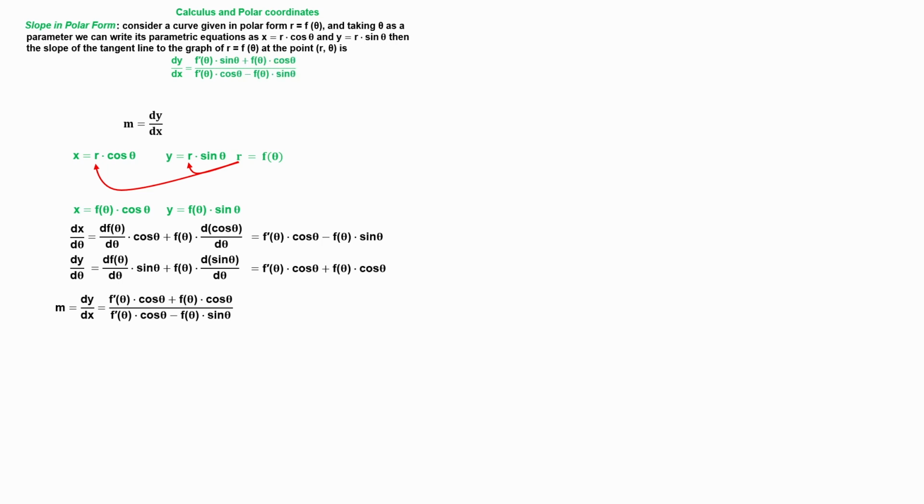This formula comes from converting x equals r times cosine of theta and y equals r times sine of theta into derivatives. Consider the polar equation r of theta equals 1 plus sine of theta.